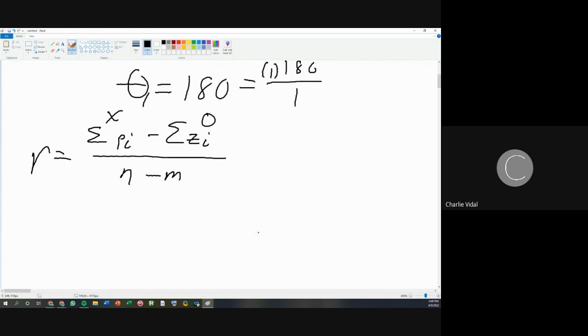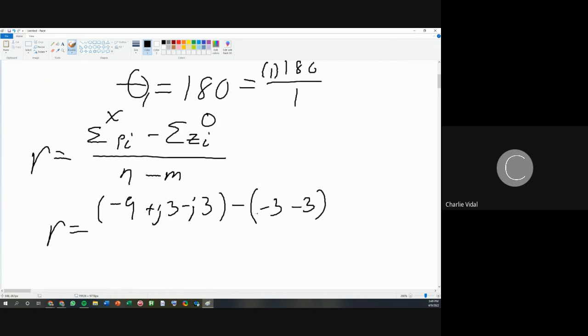So that would look something like r is equal to negative 9 plus j3 minus j3, and then it's minus negative 3 plus negative 3 or minus 3, right? All over n minus m. N minus m was 1, so we'll just get that.